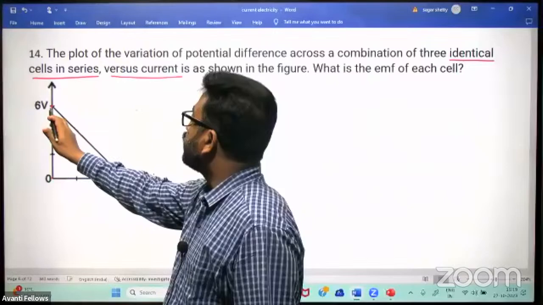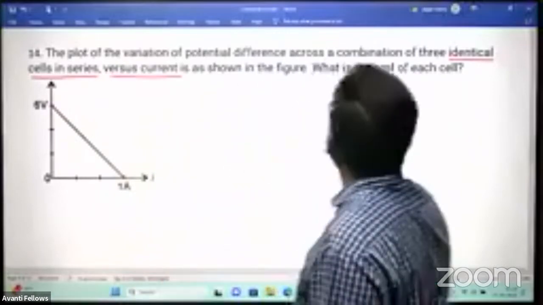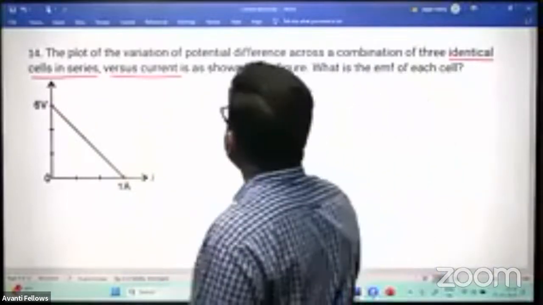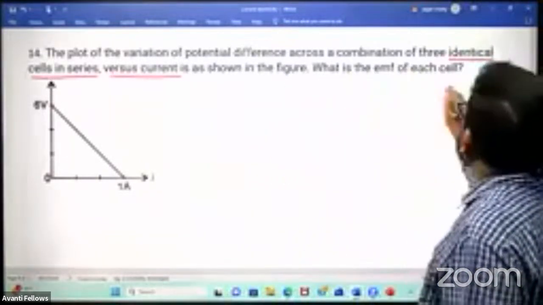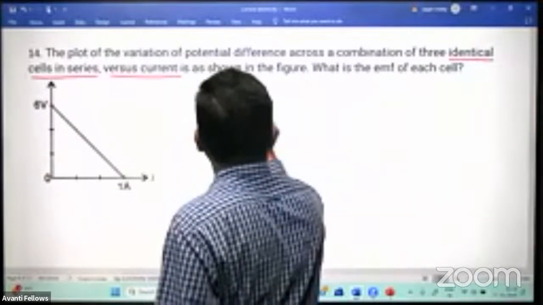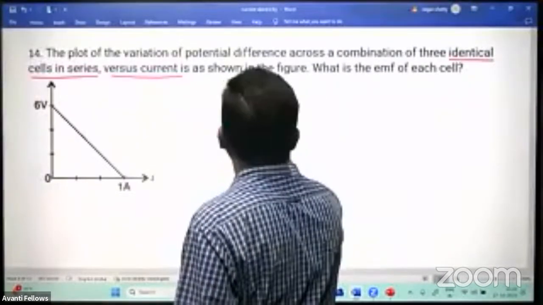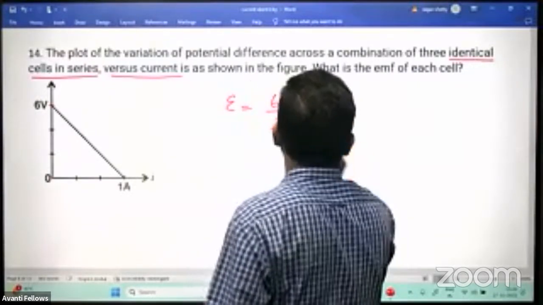So this is the open terminal potential difference. 6 volt is the EMF of three identical cells. We need the EMF of each cell. So EMF of each cell will be E equals total EMF, 6 volt divided by 3, which is equal to 2 volt. Simple.